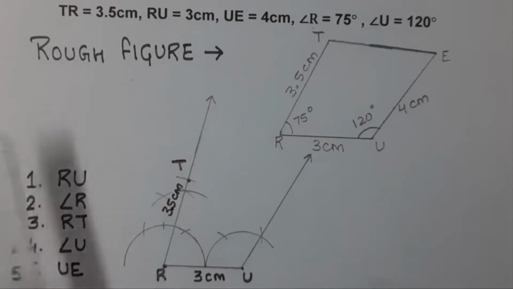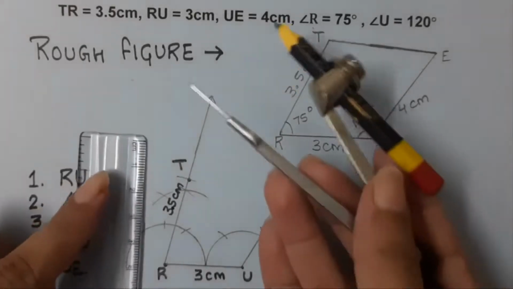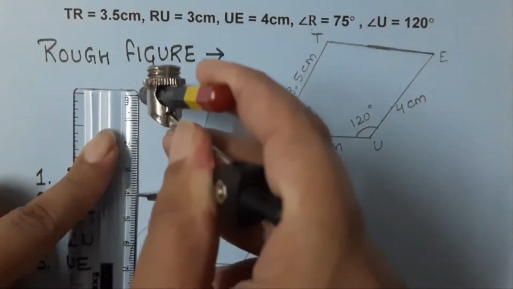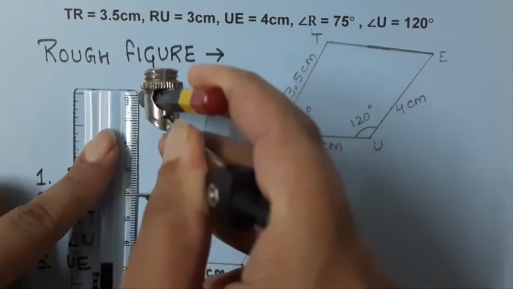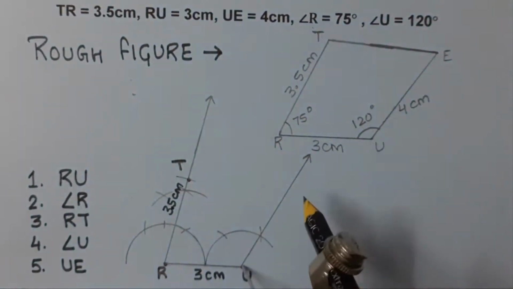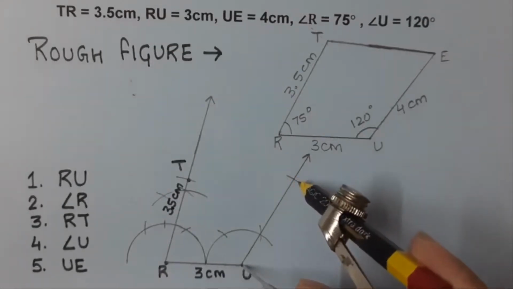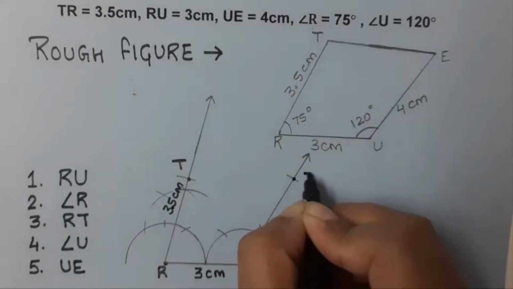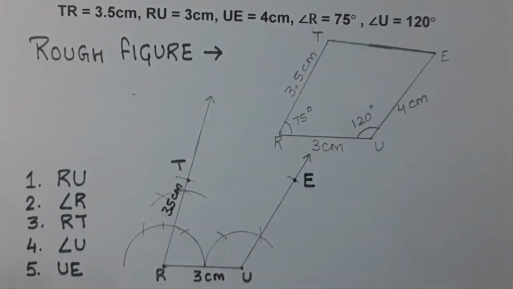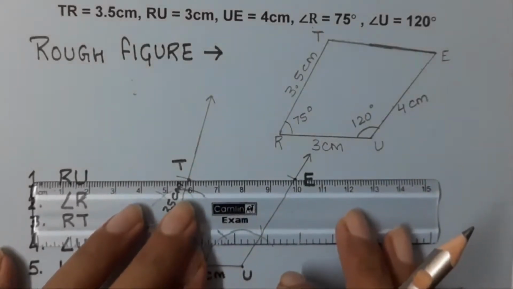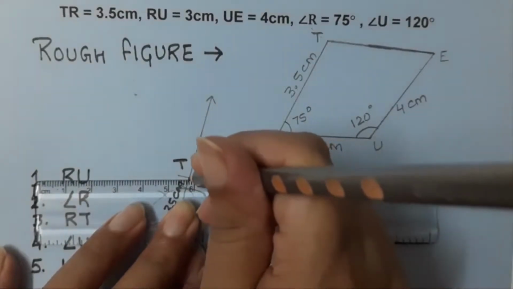So open the compass for the measure of UE, which is 4 centimeter. Open it very carefully. Place the pointer at U and make an arc here. So this is the point E, and we can now connect U and E and T to complete our quadrilateral.